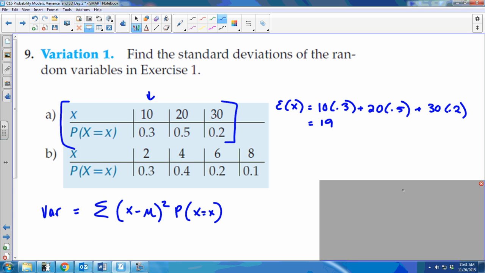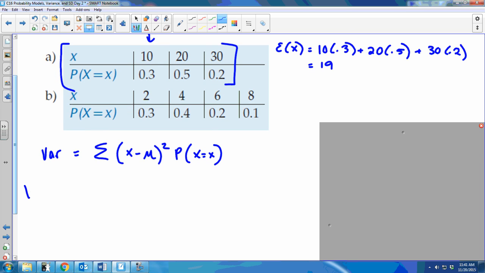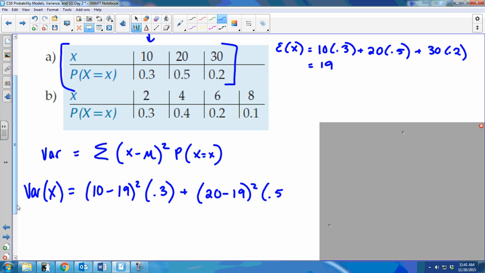We have 10 minus the mean, 19, squared, times that probability, 30%. Plus 20 minus 19 squared times probability, 50%. Plus 30 minus 19 squared times the probability, 0.2. Right? That's what the formula says to do.